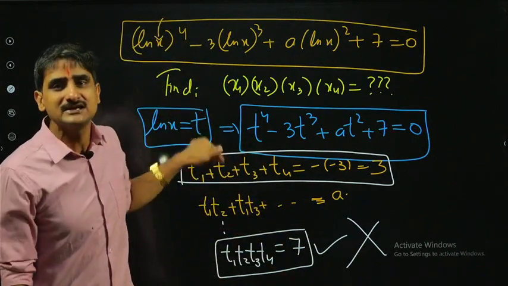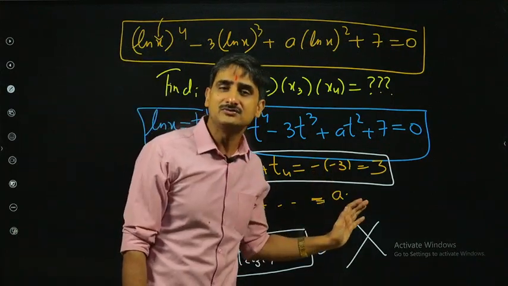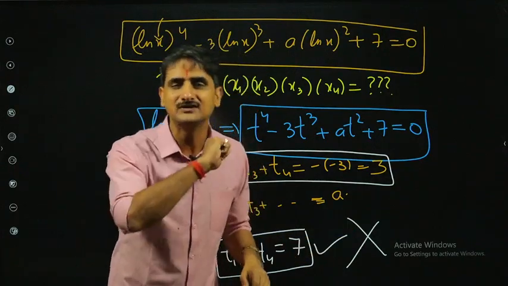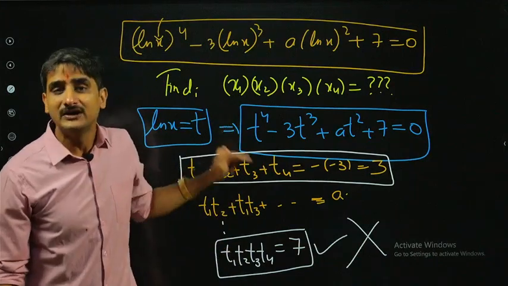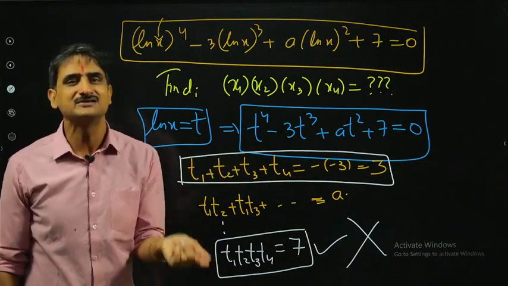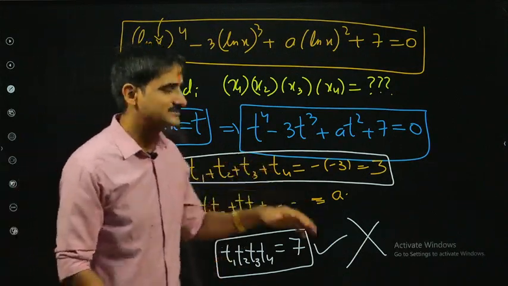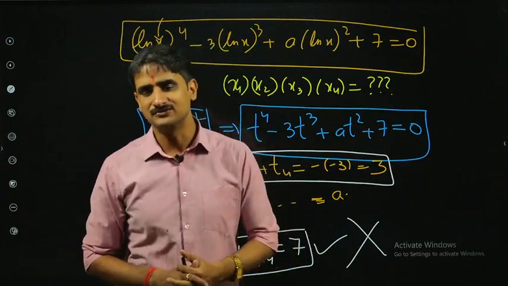So when you are replacing a function by a variable, whenever you write the relation between the roots and the coefficients, that function will be involved there. So you have to be careful when you convert a given equation to a polynomial form by replacing a function by a variable. That's why I consider this question an important one, and that's why I shared it with you to start with.